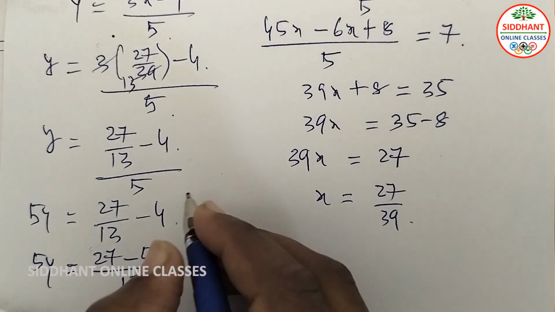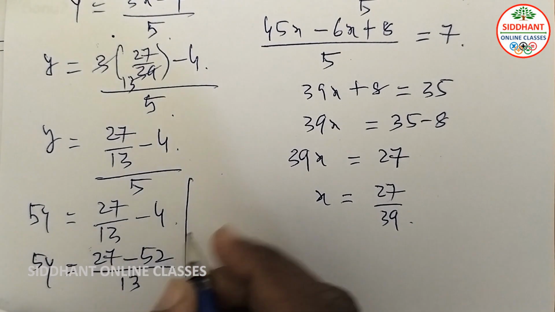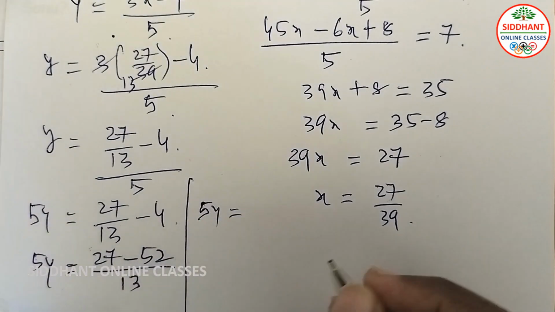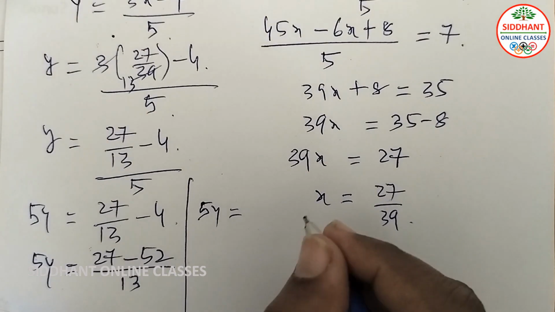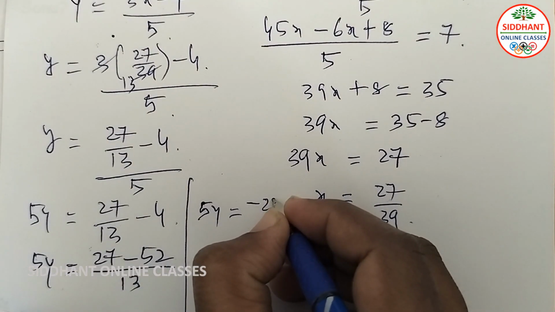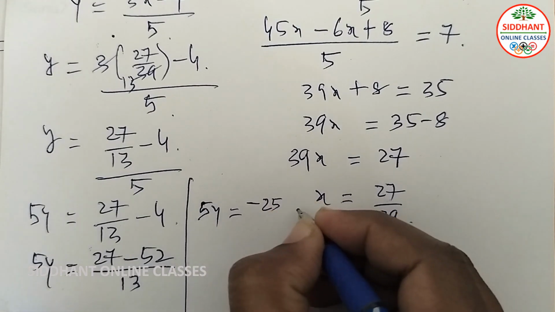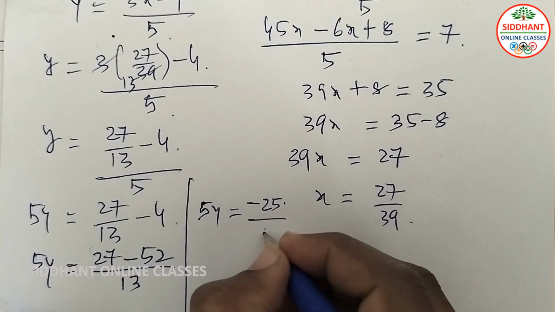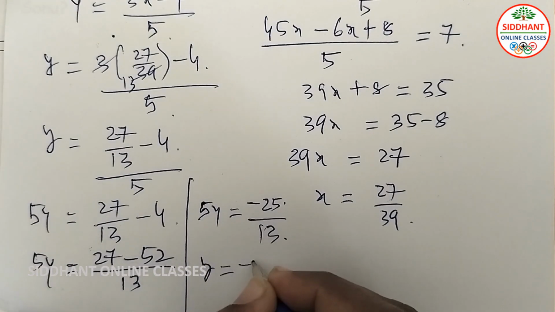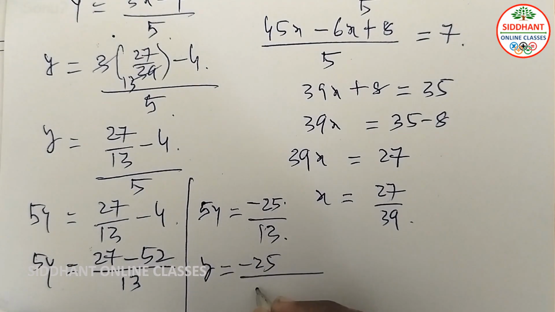So now 5y equals minus 25 by 13 here. Then y equals minus 25 by 13 into 5.